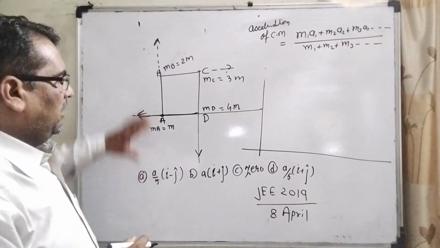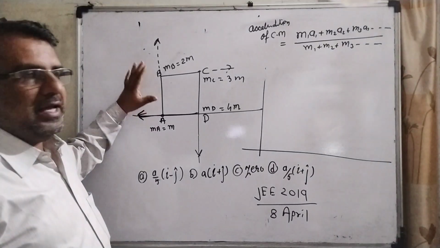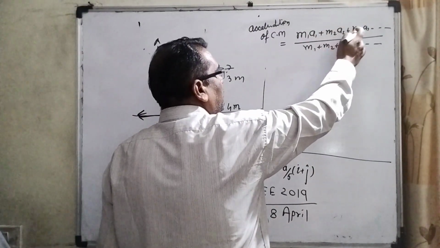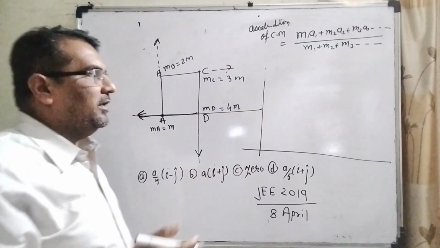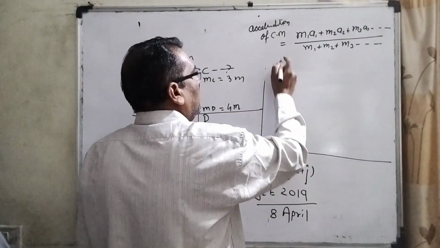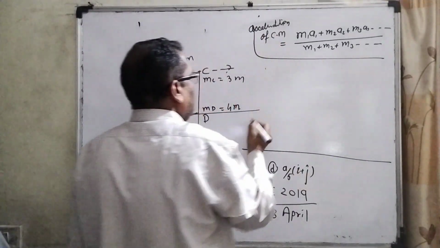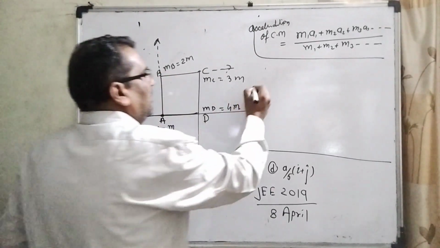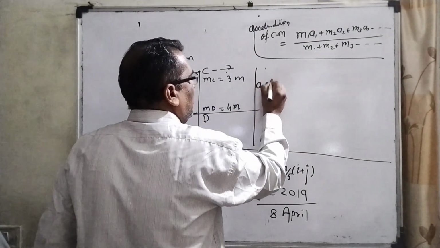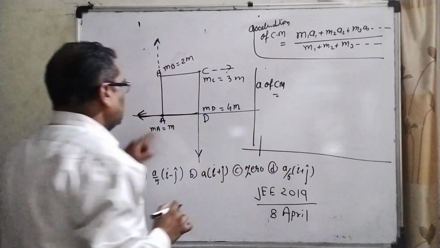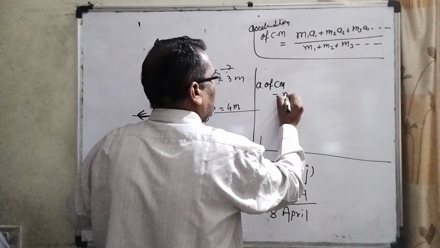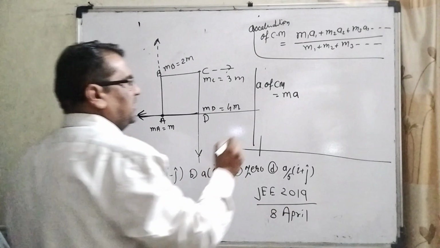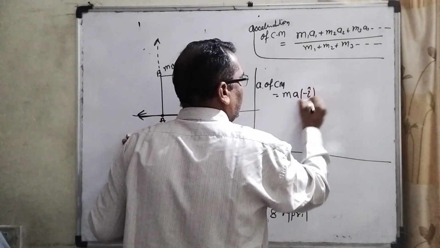Now, in this question, we have to find the acceleration of the center of mass. We can use the formula m1a1 plus m2a2 and so on, for the given particles, upon total mass. As per this formula, all four particles A, B, C, and D are involved. The mass at point A is m, acceleration is a, and direction is the left side of the axis, meaning minus i.